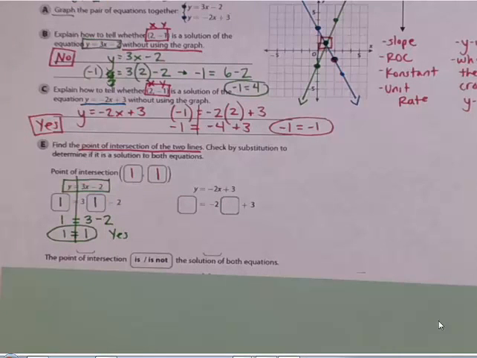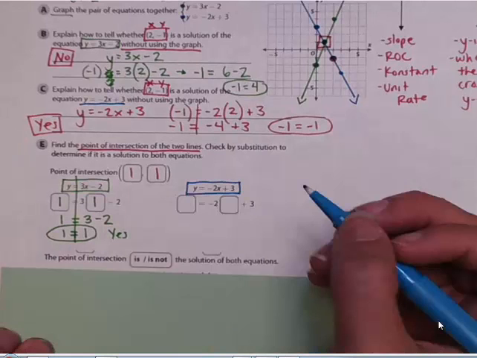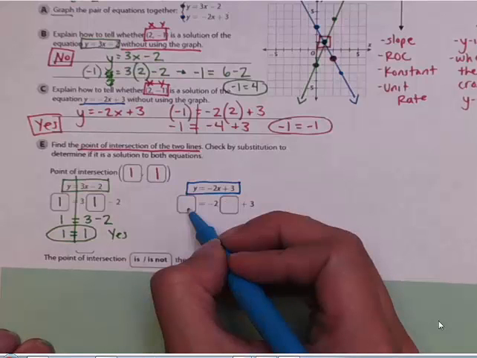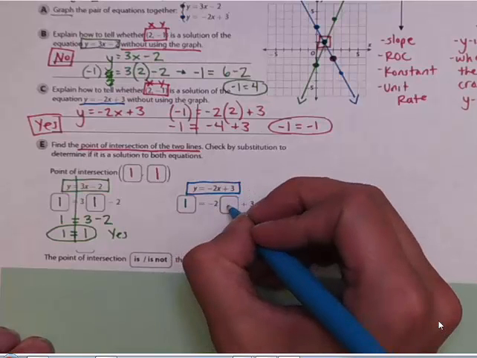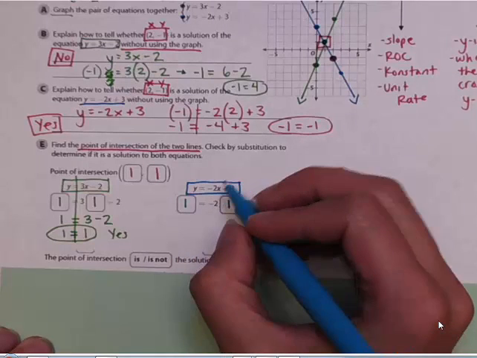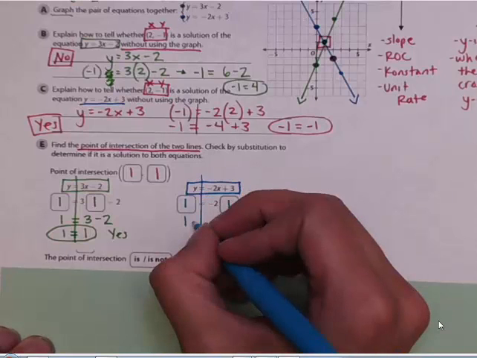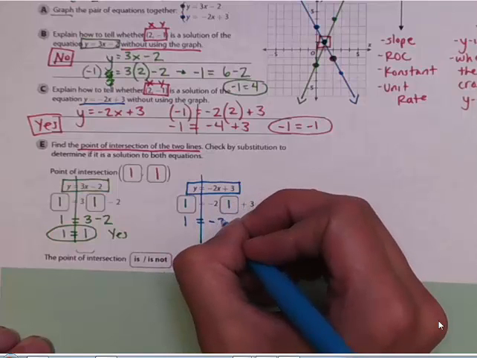y is equal to negative 2x plus 3. If I do the same thing by plugging in these x and y values into my equation, it should make a true statement. So I'm plugging in 1 for y is equal to negative 2 times 1 for my x plus 3. Draw a line down the equal sign to separate your sides. 1 is equal to negative 2 times 1 is negative 2 plus 3.